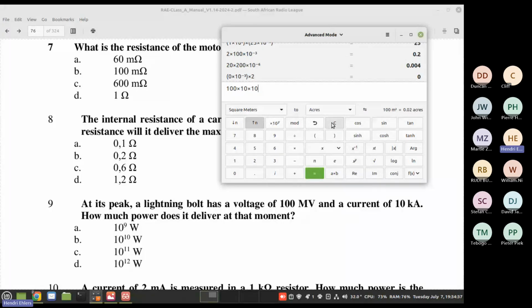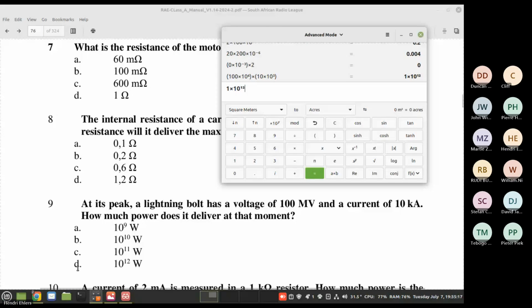No, let's start again. 100 to the 6 times 10 to the 3. And that is indeed... No, but something's not right here.